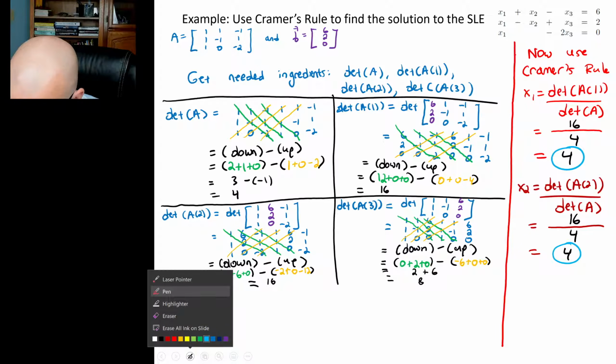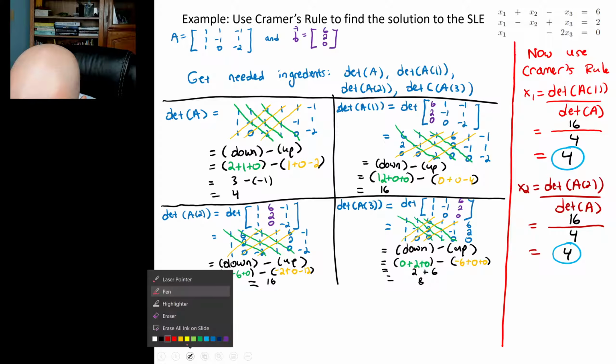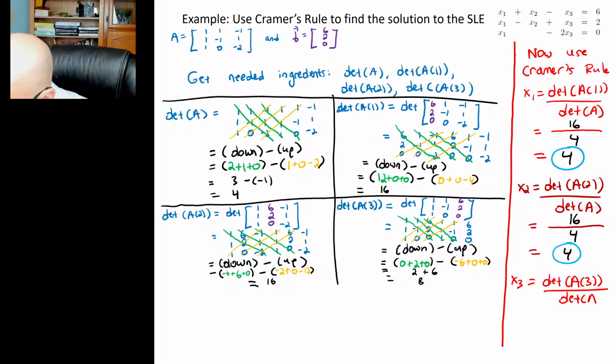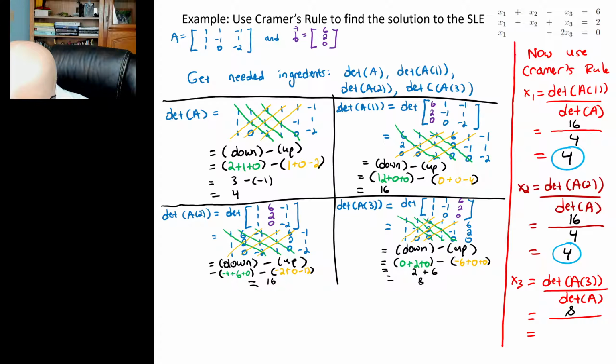And now the last one, we have x3 is equal to the determinant of A3 divided by the determinant of A, and we can plug in our numbers. 8 over 4, we get 2, and that's it.